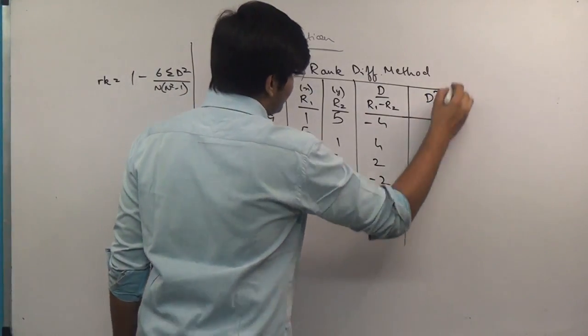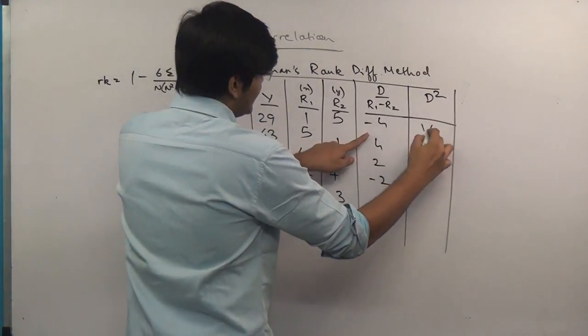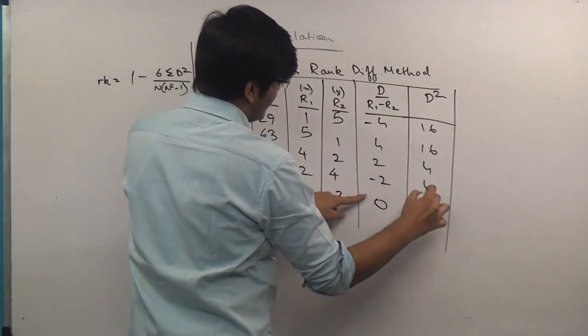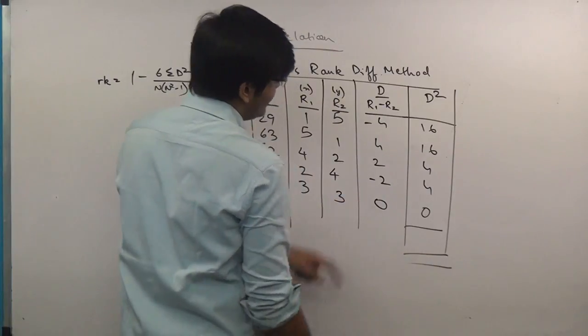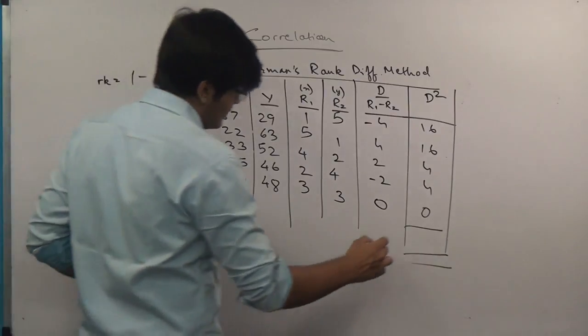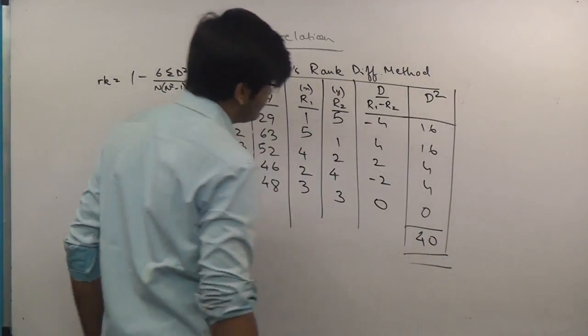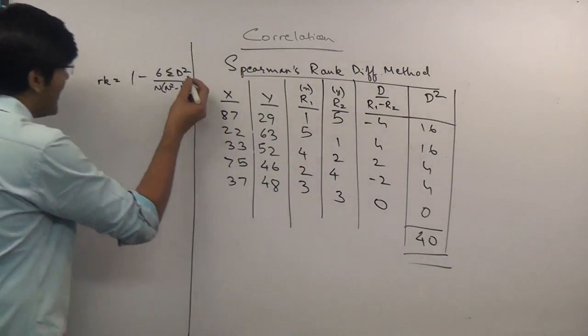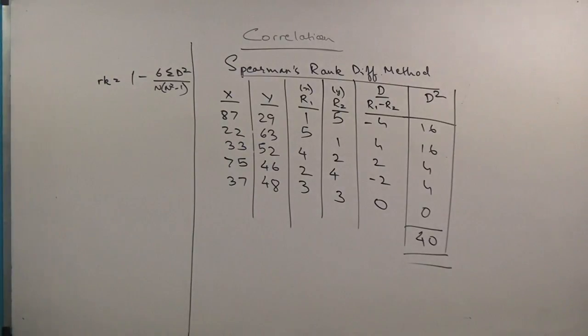So we'll square: 16, 16, 4, 4, 0. Find the total fast. Total is coming down to 40. So summation D square we have 40.